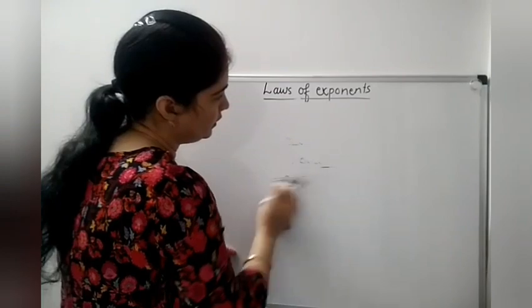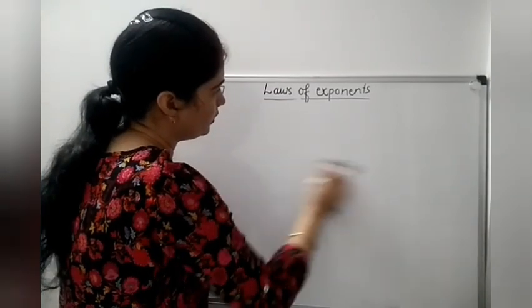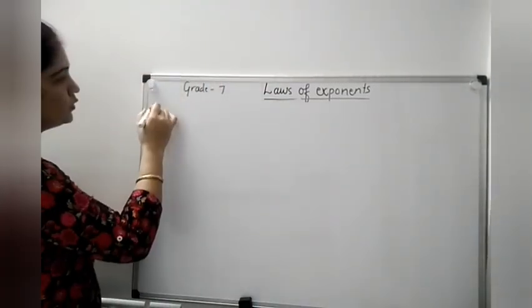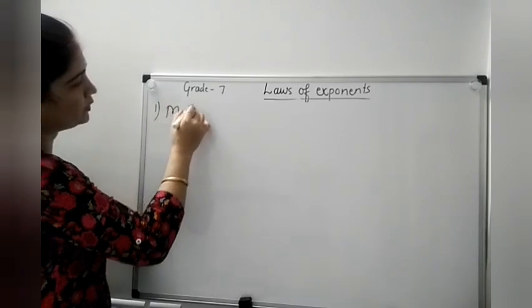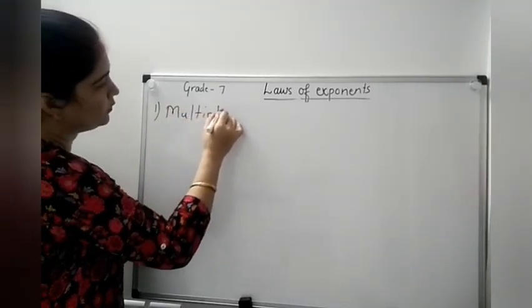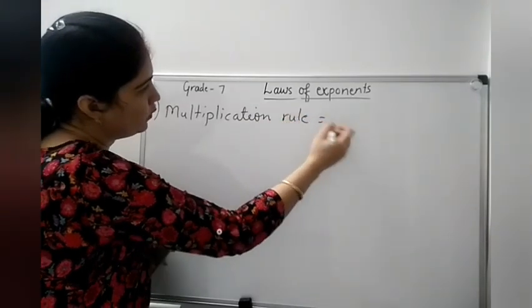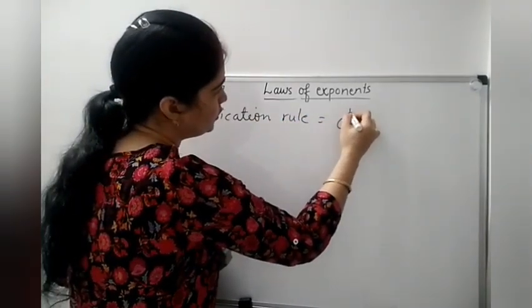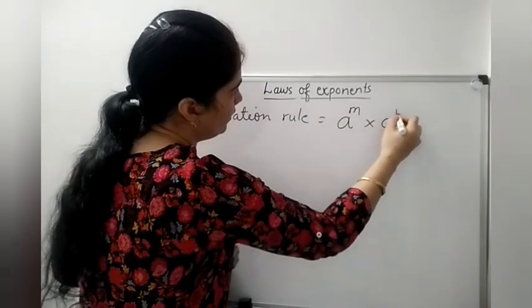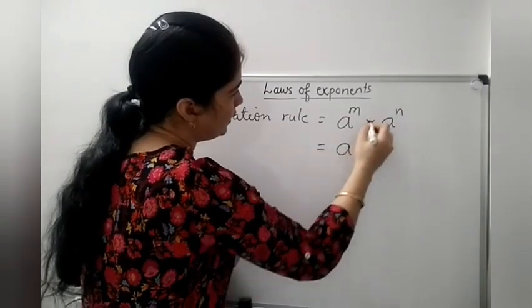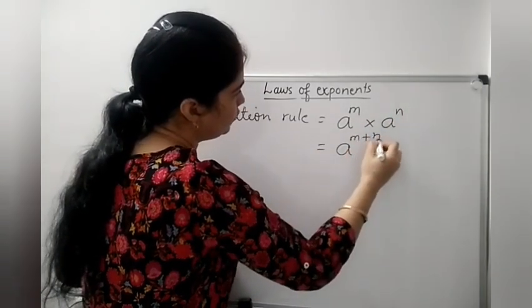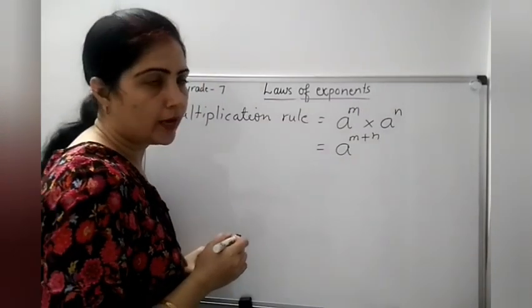Now we will see the very first rule of exponents. The very first rule is the multiplication rule. The multiplication rule says that when there are the same base but different exponents and there is a multiplication sign, we will add both the exponents.